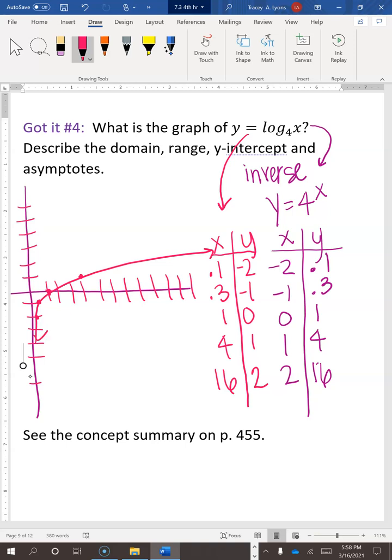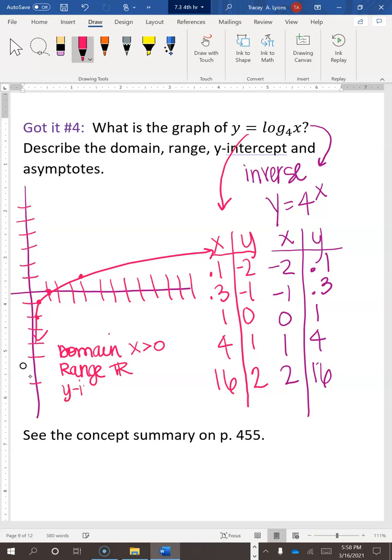Okay, so my domain looks like all numbers bigger than 0. My range, it looks like it hits all the negative numbers as it goes down the y-axis and all the positive numbers, so I'm going to go all real for the range.